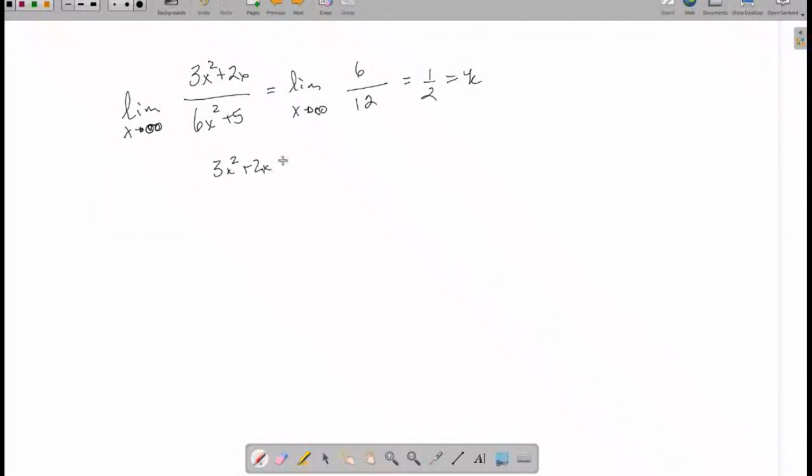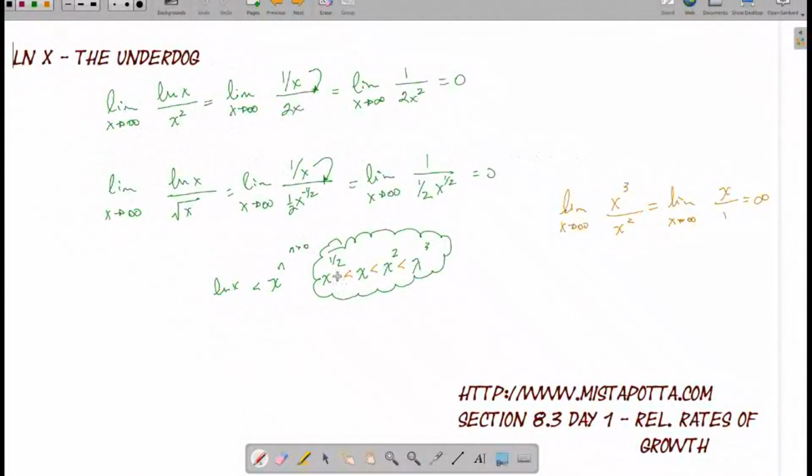This is my constant. And so we say that 3x squared plus 2x and 6x squared plus 5 grow at the same rate.